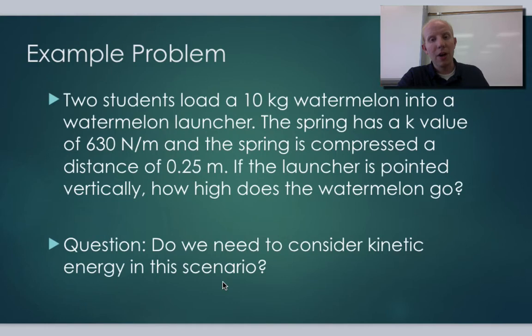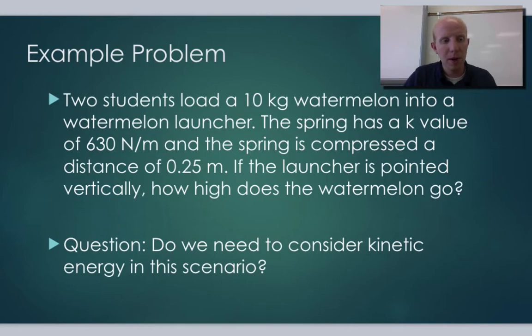And we're wondering how high this watermelon will go. It moved in that process, so do we have to do this calculation of gravitational to kinetic and kinetic to spring and all this stuff? We don't have to. All we know is it started with spring energy and it ended with potential energy. Because we know that, that's all we need to solve this problem.